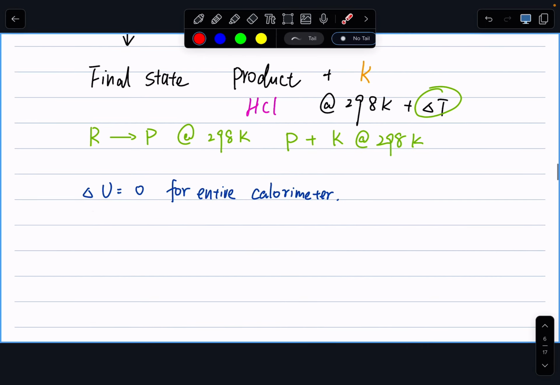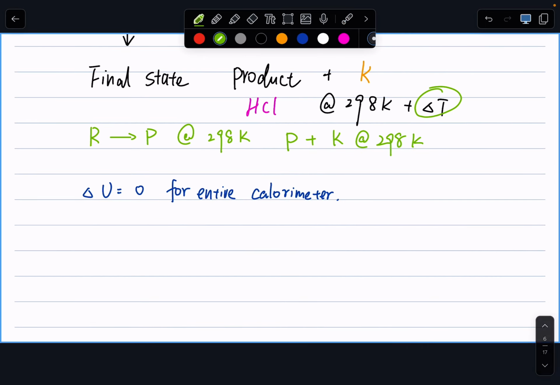All right, so in here, what else do we have? We know that the total delta U is 0, so the amount of energy either released or absorbed by that reaction chamber is the same as the negative of the amount of internal energy released or absorbed by the water bath.